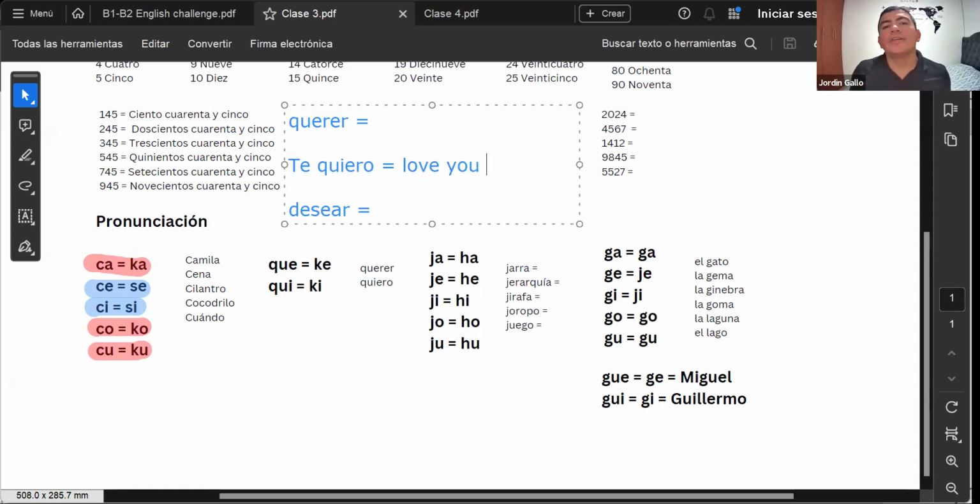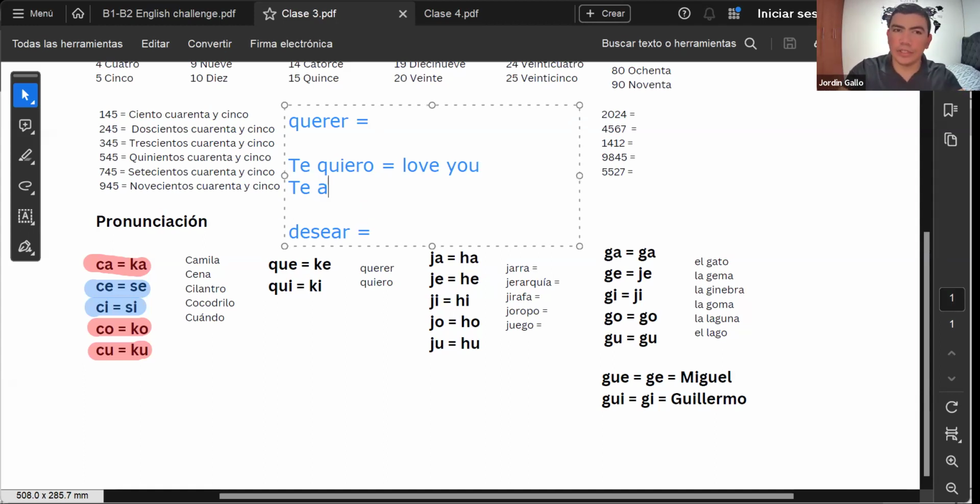That's also something super common. And when it's stronger, we say "te amo," with the verb love. That would be "I love you." But that would be the real feeling in a relationship, like in a couple.